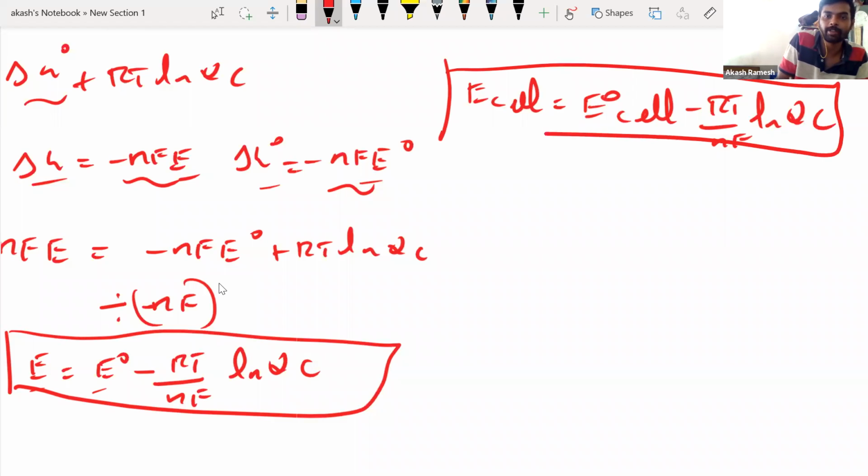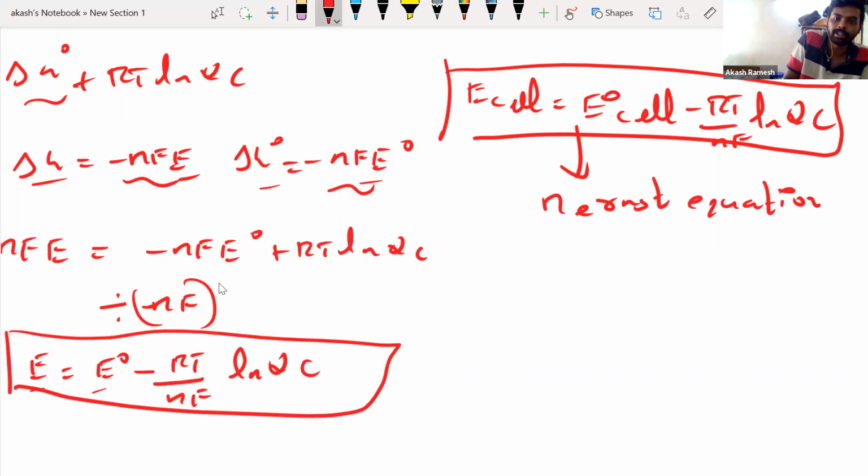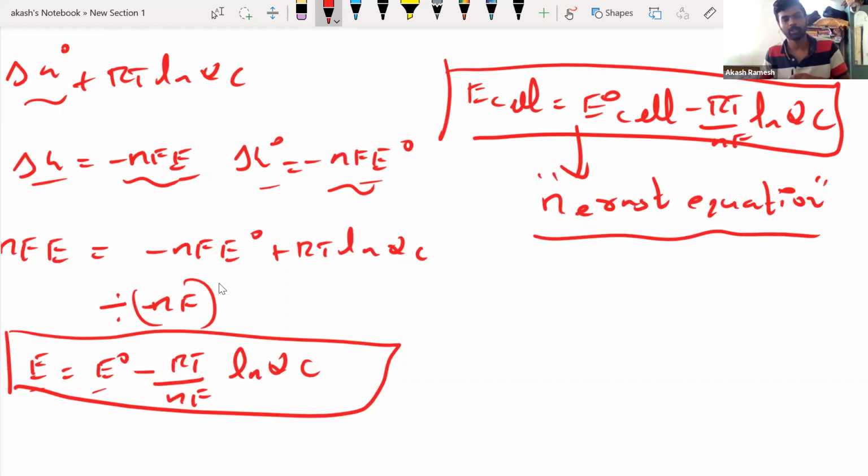This is a very, very important equation, called the Nernst equation. It is very important for problem solving. You will find at least one or two questions in your board exams for sure.